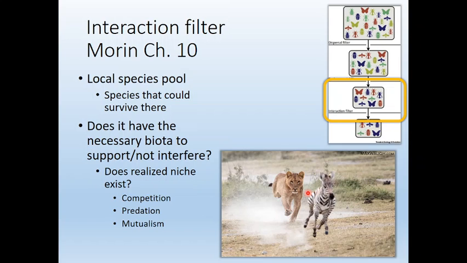So you can think of it from two different ways there. But then, are there mutualisms, right? So lots of plants potentially could survive in a given area, but they would need their pollinators too. So mutualism can play a role in that.